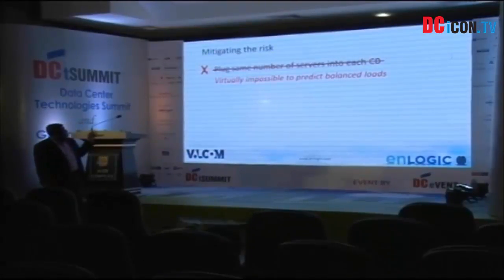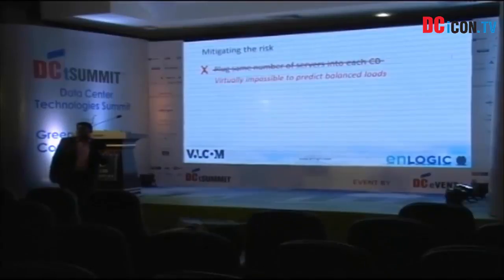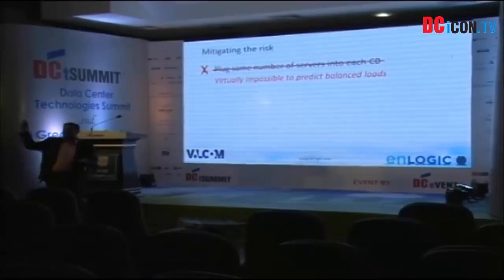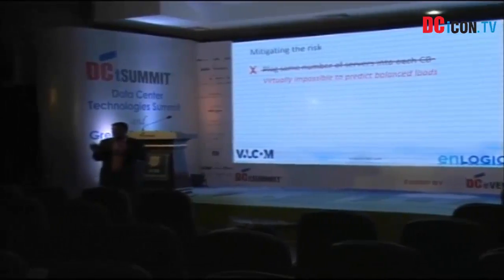But virtually it is impossible to predict a balanced load, because as I said, servers in an idle condition function at a certain power rating, but at peak they can go up to 400 to 500%. In that scenario, when the A source fails and the failover drops onto the other source, you see a mismatch in the circuit breaker because the load balancing is not properly done. So again there could be a circuit breaker failure, and you may end up losing power to the servers.